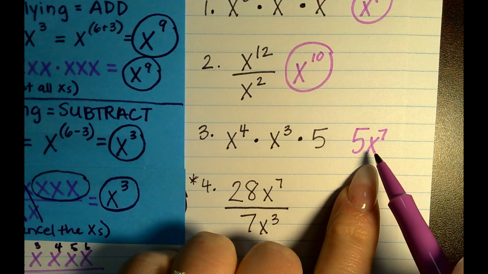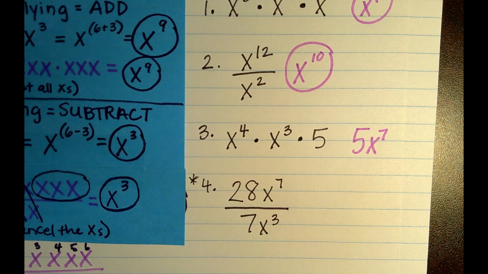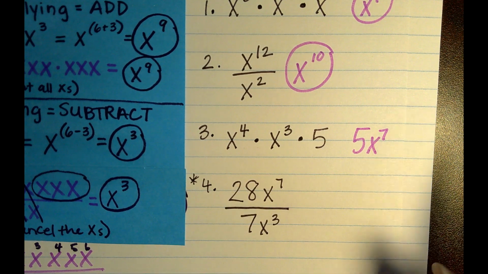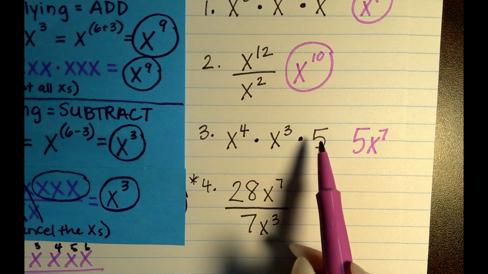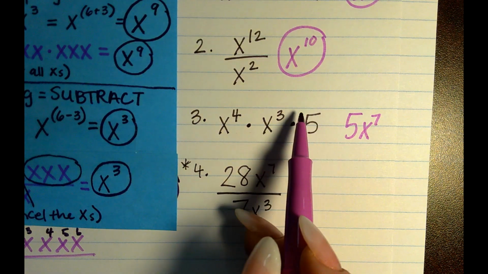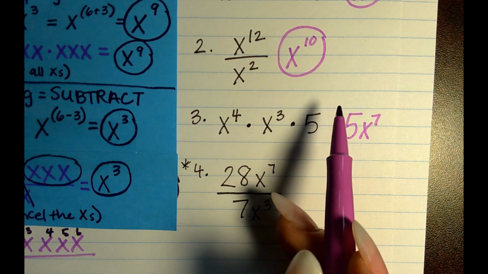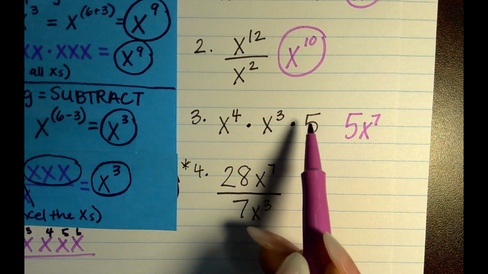Now, did anyone get x to the 12th power? You got that to start? Okay, so tell me why. Do you know why that wouldn't be correct? Because the 5 is supposed to come before the x, right? Yeah, so this is just a 5. This is not x to the 5th power. This is just 5 by itself.